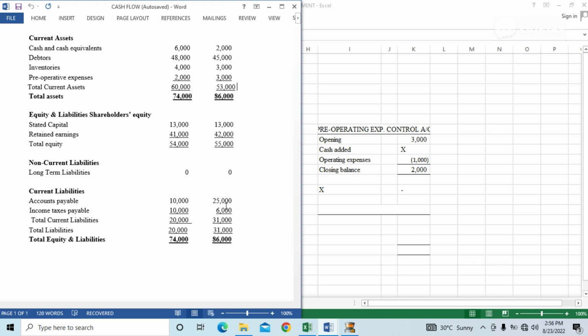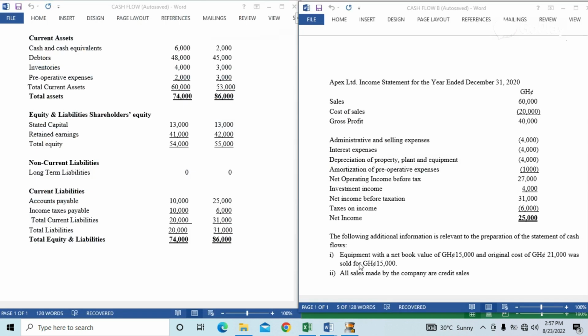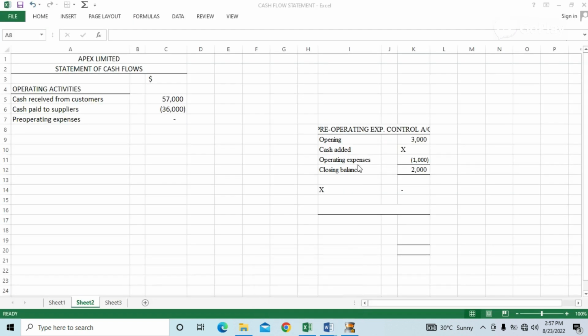But let's check the income statement. What was the actual income tax incurred during the year 2020? Taxes on income was 6,000. So income tax was actually 6,000. So let's move back to our Excel to demonstrate how to get the amount paid for income tax.